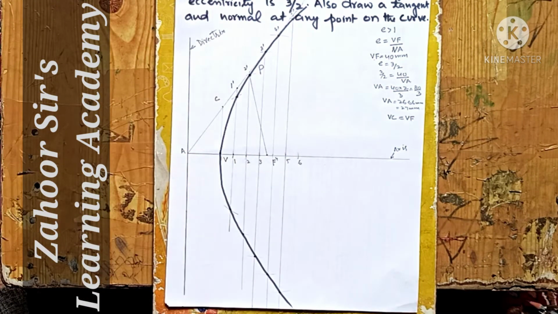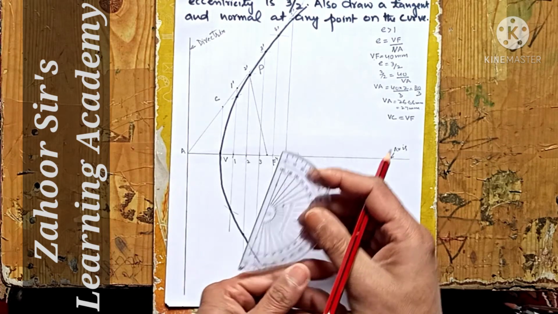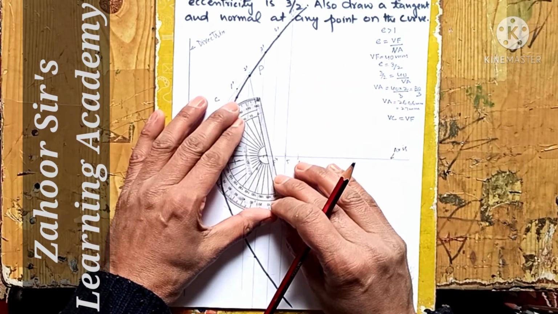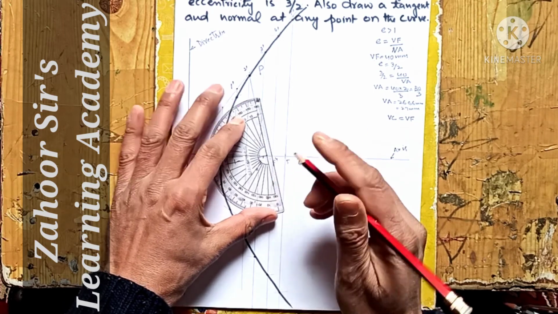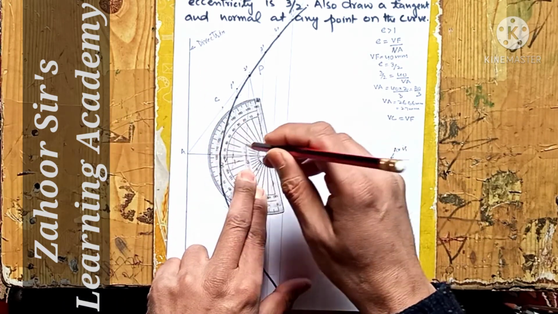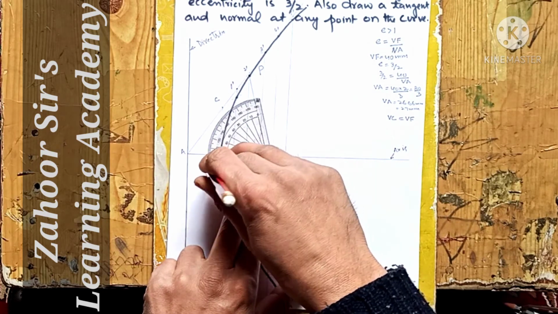After joining this with the focus, I need to draw a perpendicular, 90-degree line on this, keeping the protractor here and measuring the 90-degree angle.